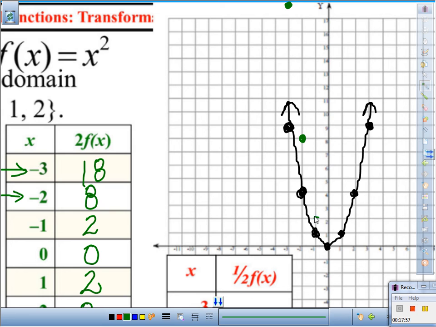Negative 1, 2. 0, 0. 1, 2. 2, 8. And 3, 18. Okay, let's get your parabola.